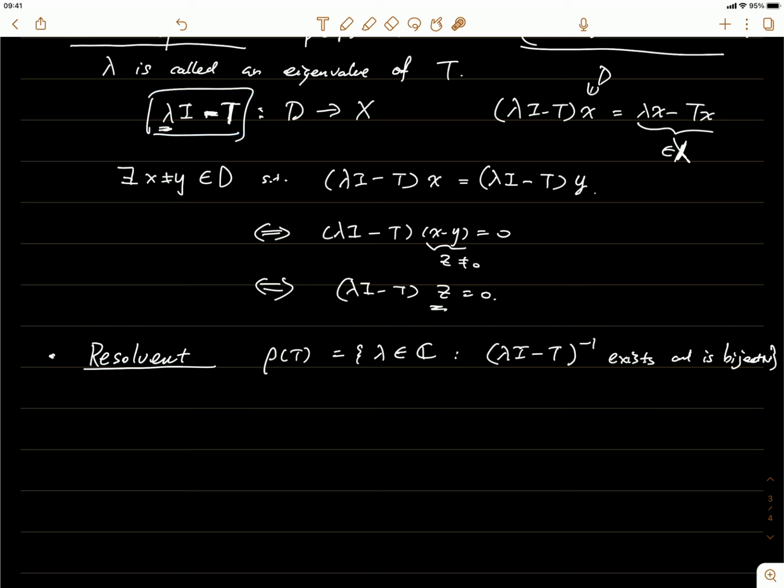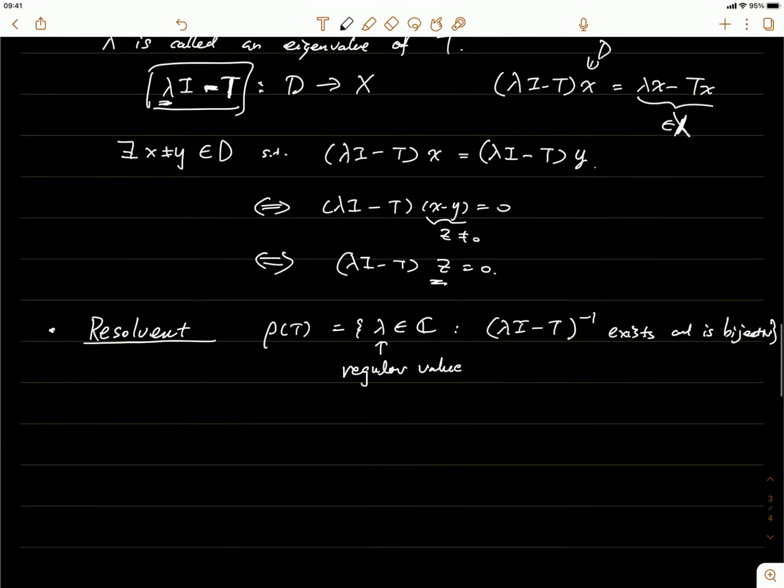And if it's also bijective, that means I have a one-to-one correspondence between D and X under this mapping, then we call this value lambda a regular value, and the collection of regular values is the resolvent. In comparison, we have the eigenvalues above. Okay, so that's the resolvent.